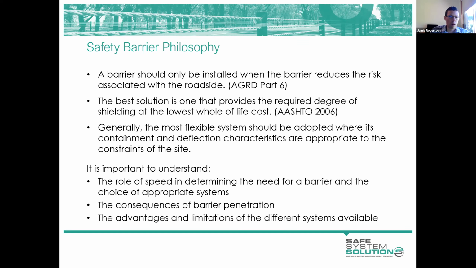It's more in the high-speed environments that we choose to do so. If there is a secondary risk, regardless of speeds, at a cliff or a vertical drop at a structure, we would choose to install a barrier because of that secondary possibility.